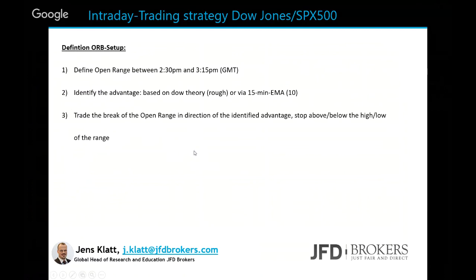This is my risk. I have a point value, which I multiply with the overall risk from a point perspective, and I make sure that the position size is attached to my overall account. If I'm saying I'm risking, let's say, 1% of my overall equity, and I'm trading a 10,000 euro account, well, I'm risking 100 euros.